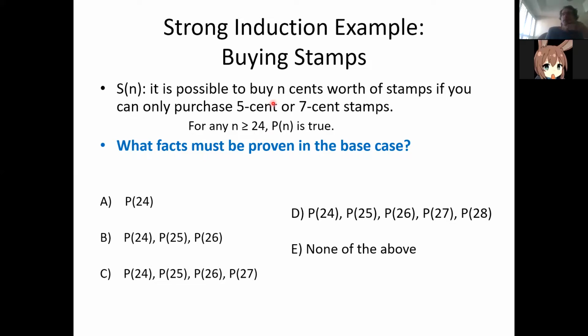Now, if you use the same blueprint in this proof, then what would you do? You would prove a bunch of first cases, right? That 24 can be, 25, maybe 26, okay, up to some point. And then after that point, you would be arguing what?